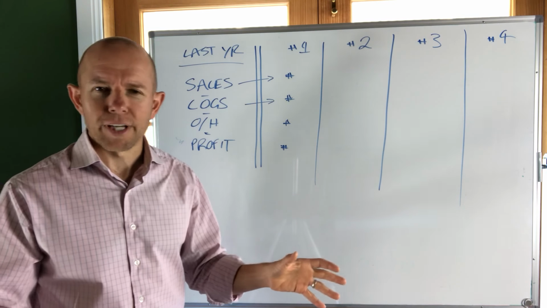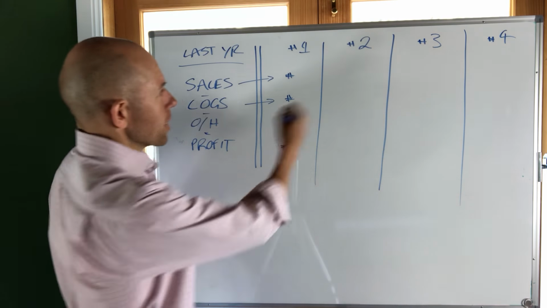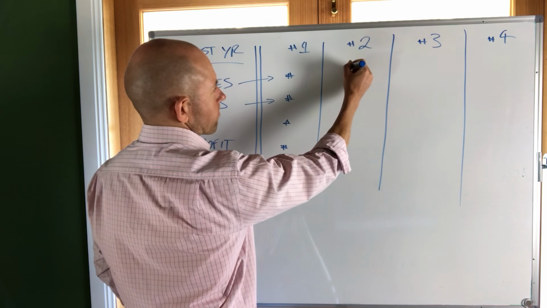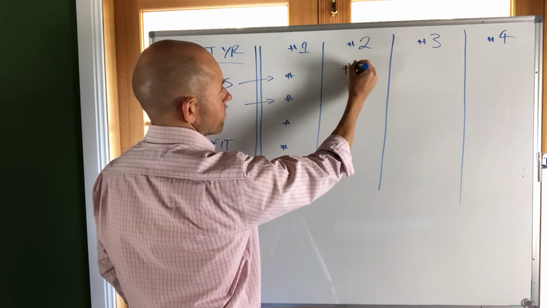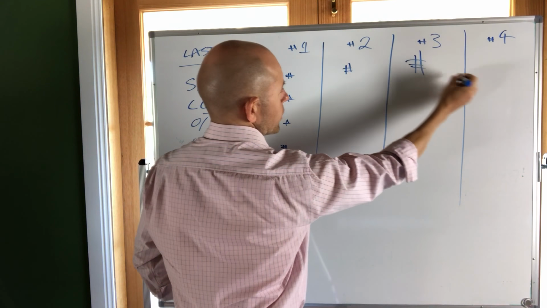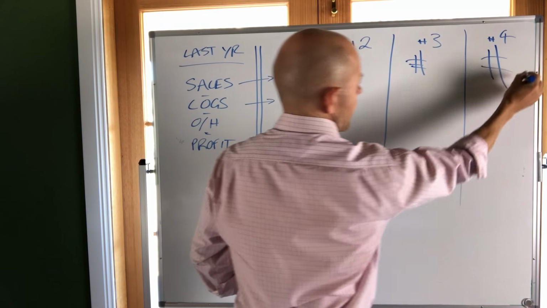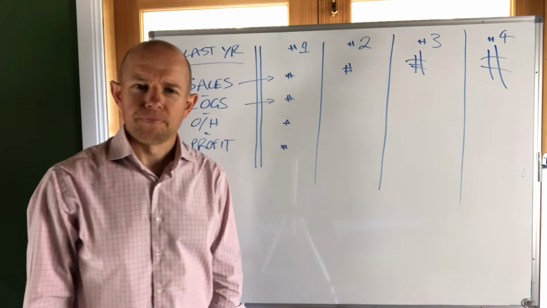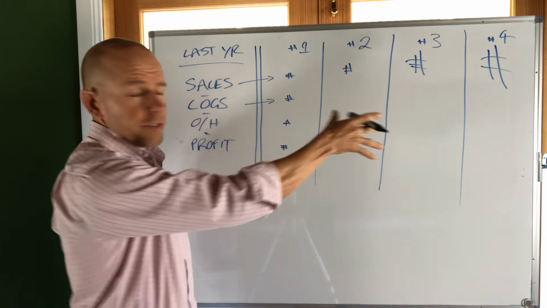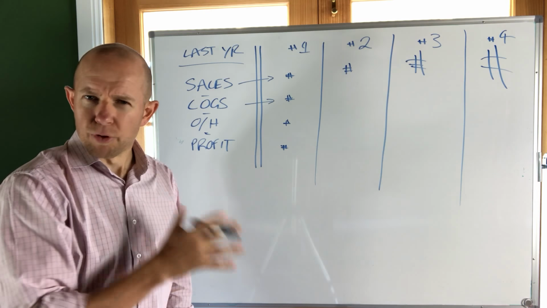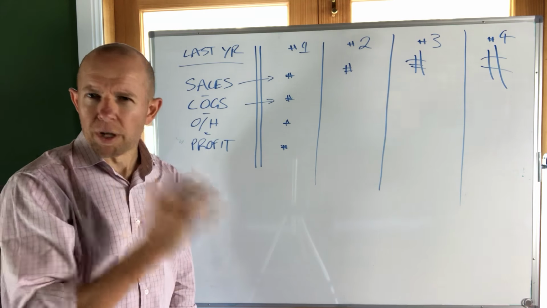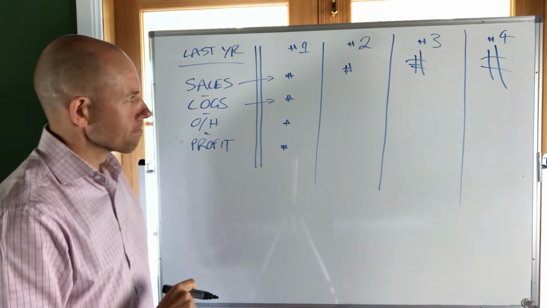However you want, I'm not going to talk about planning in this video, but you go ahead and write those numbers in, whatever they are. So number 4 might be a bit of dreaming, number 3 might be the one you really want to hit, and number 2 is kind of like if things fall somewhere in between.